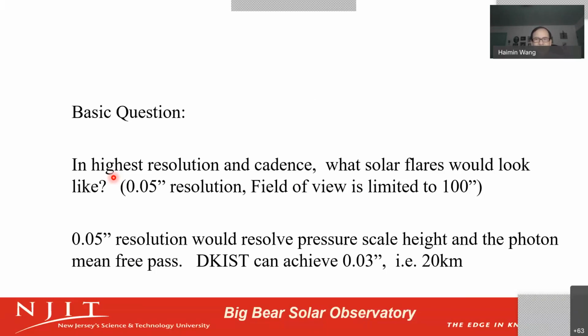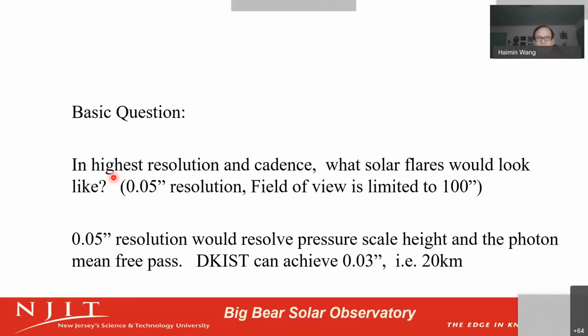Most of the present observations are done at Big Bear Solar Observatory with the 1.6 meter Goode Solar Telescope. It is now achieving a resolution around 0.05 arcsecond. The field of view is limited to a little less than 100 arcseconds.